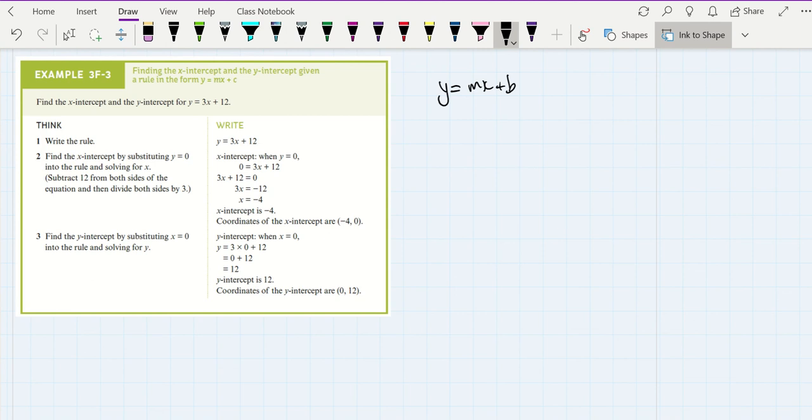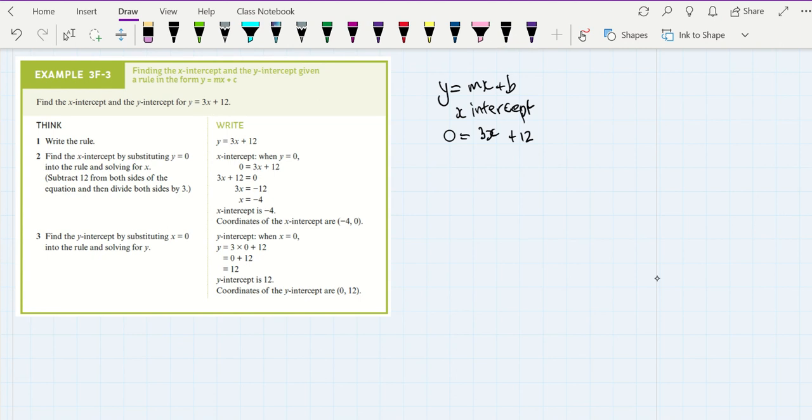So let's find the x-intercept, when y equals 0. So we said 0 equals mx, and I think we know something else, don't we? We're going to use this rule here. So 0 equals 3x plus 12.